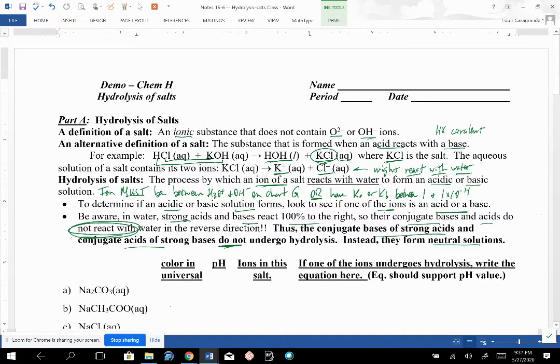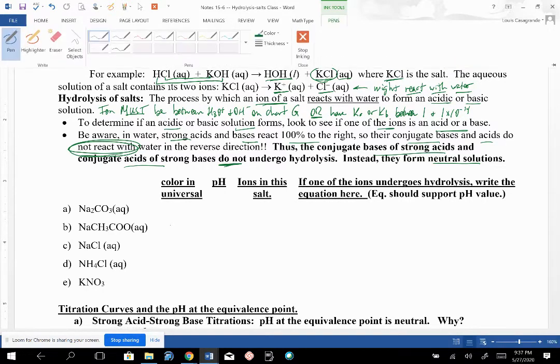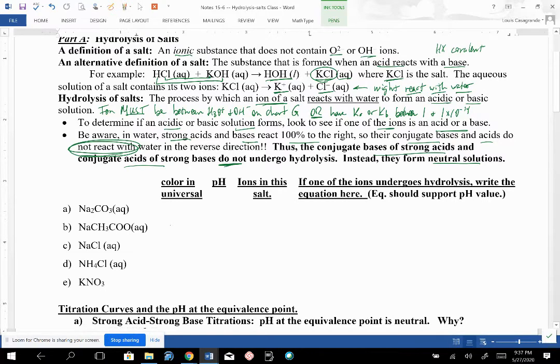Now, if we were actually going to be doing this in class, I would show you, and I don't think I looked for it, I couldn't find, I don't think I've got pictures of the results of this. A demo in which I have these 5 salts dissolved in water along with some universal indicator. But I'm just going to give you the results, and maybe I'll use some color coding to do so.